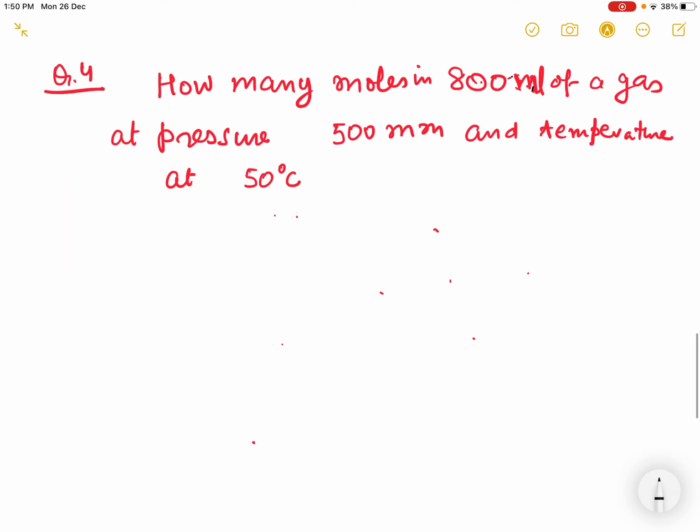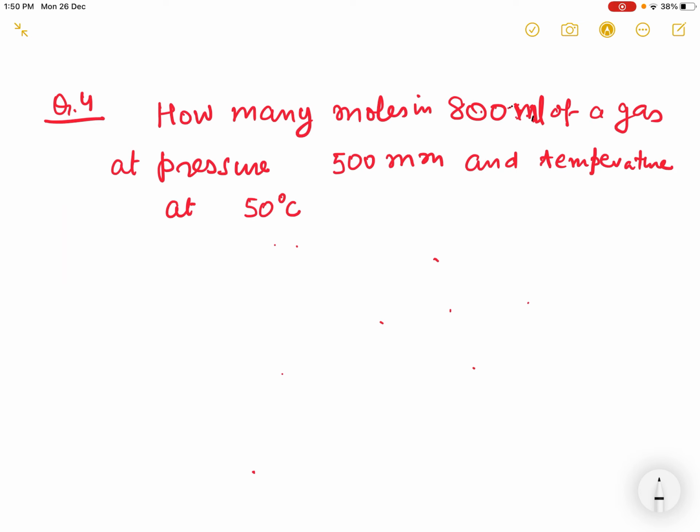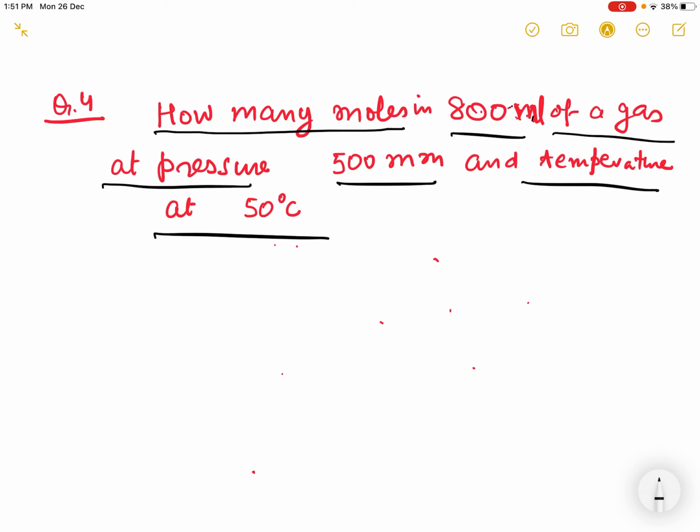So now we come on to the fourth question, that is how many moles in 800 milliliter of a gas at pressure 500 millimeter and temperature 50 degrees C. So we have to calculate number of moles.